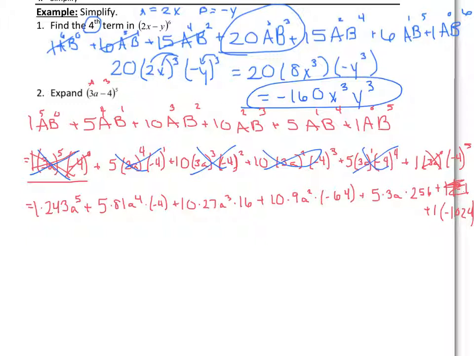So now again, I want to simplify all those terms by multiplying. So 1 times 243 is just going to be 243 a to the 5th. So that one's gone. Now I want to multiply 5 times 81 times negative 4. And I get a negative, so I'm going to get rid of this plus sign.